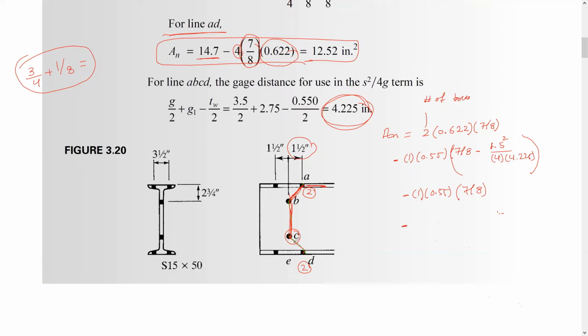Minus, here we have 2 holes, so 2 times the thickness of the flange, times 7/8 minus s, which is 1.5 squared, again divided by 4 times g. It's going to be the same here because it's symmetrical. So it's going to be 4.22, and this is going to be the net area for the path A, B, C, D.